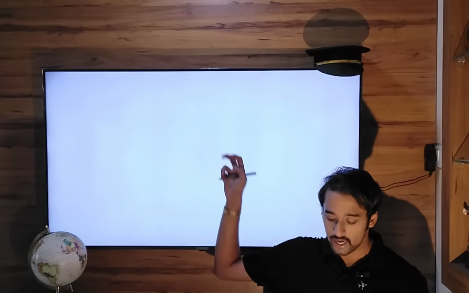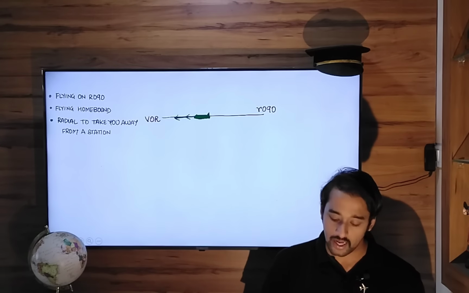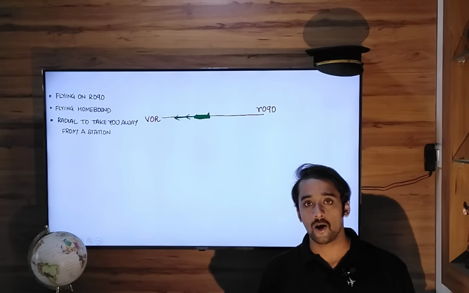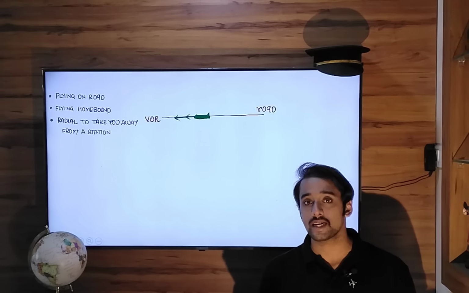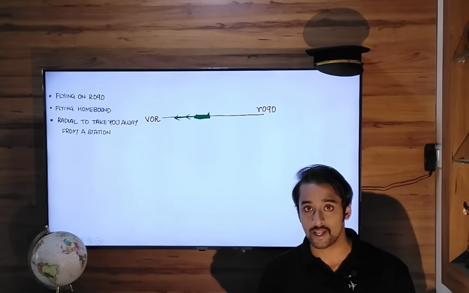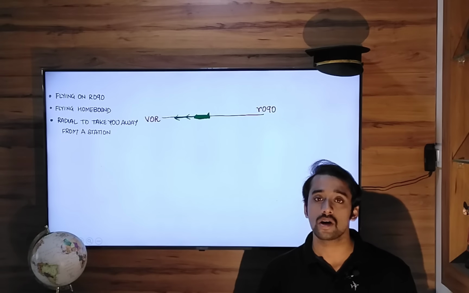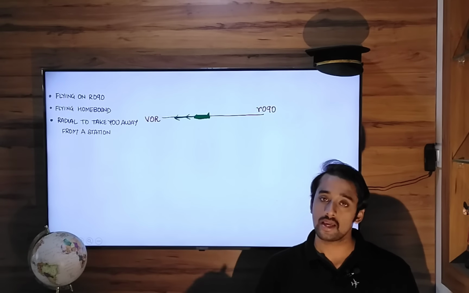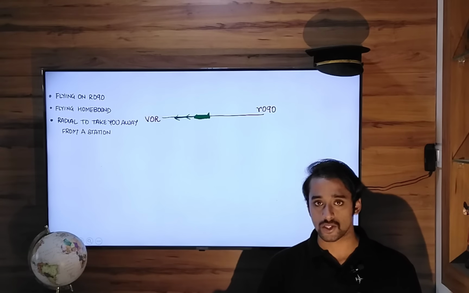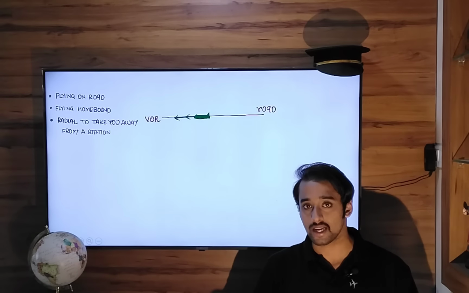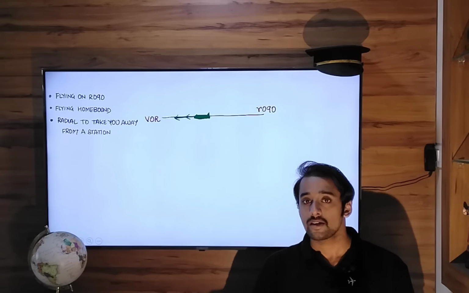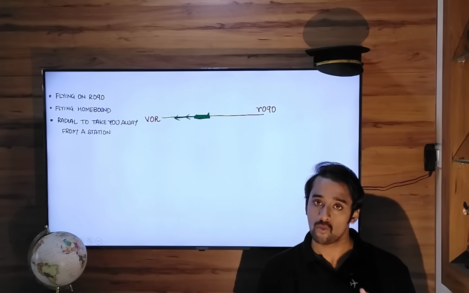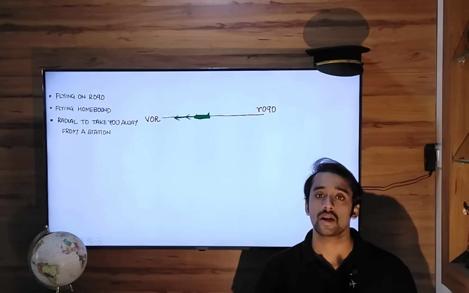The same way this radial over here can be used to travel outbound from a station, can also be used to travel inbound towards a station, right? But what procedure is to be followed when you are flying inbound towards a station? Because the primary use of VOR is to fly outbound. But when you start flying cross country or for your IFR flights from one place to another place, you will be transitioning from one VOR to another VOR to another VOR.